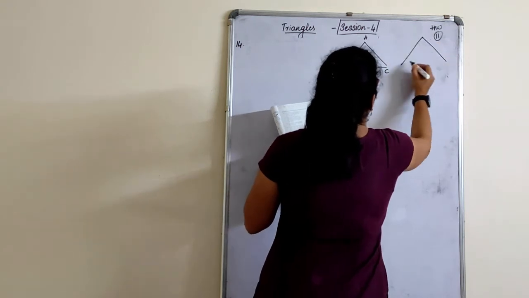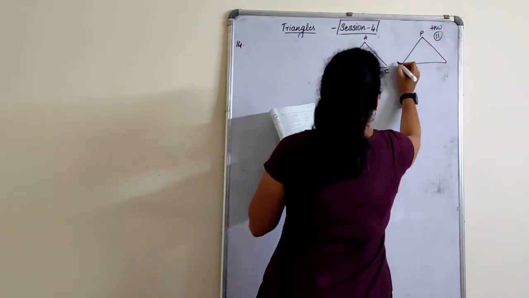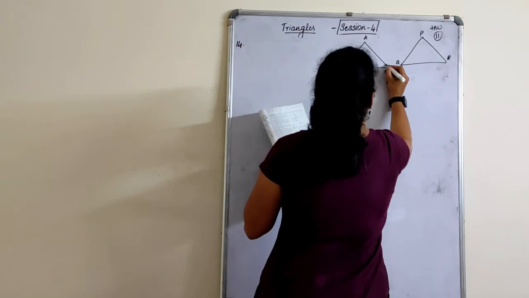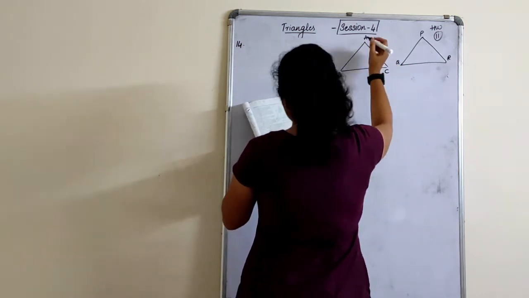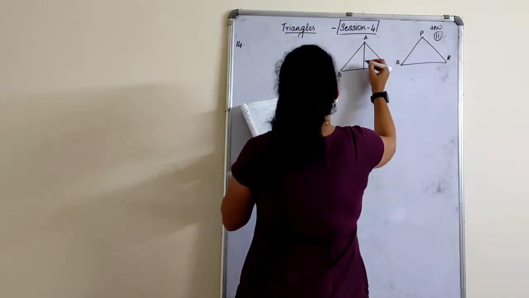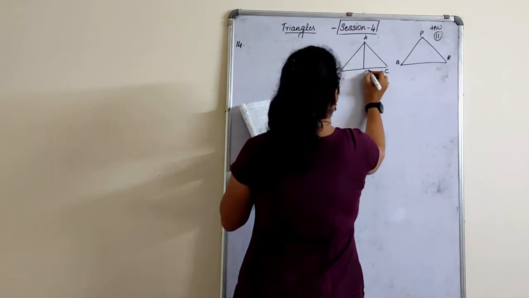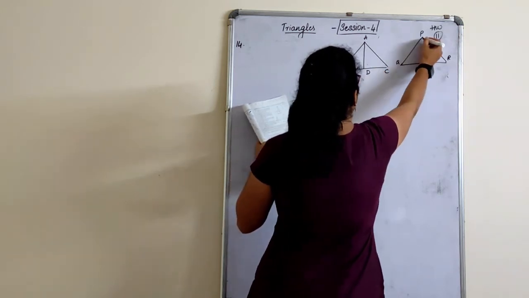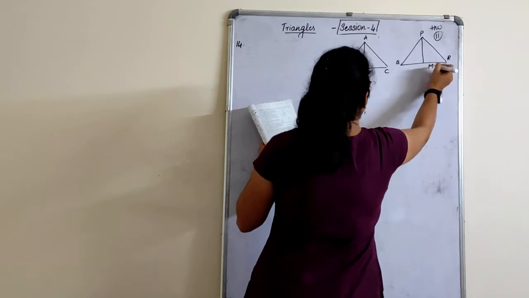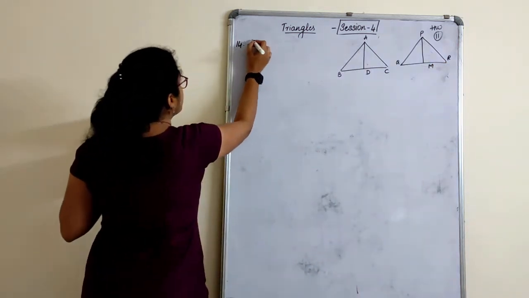ABC and the another one, that is PQR. So median AD and median PM. Okay. So what they have given?